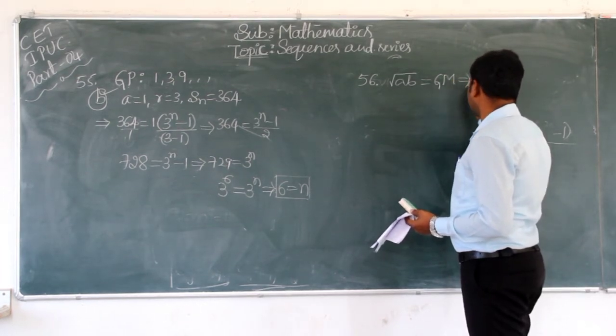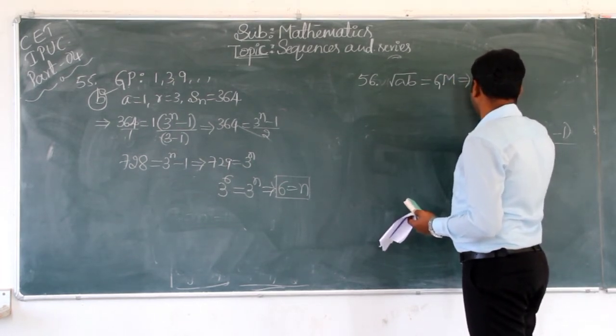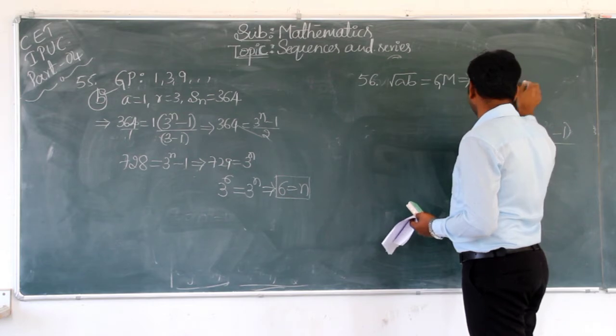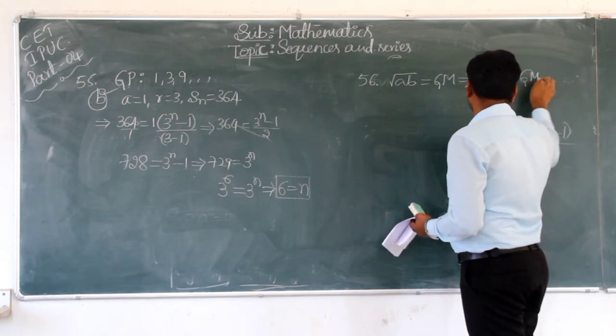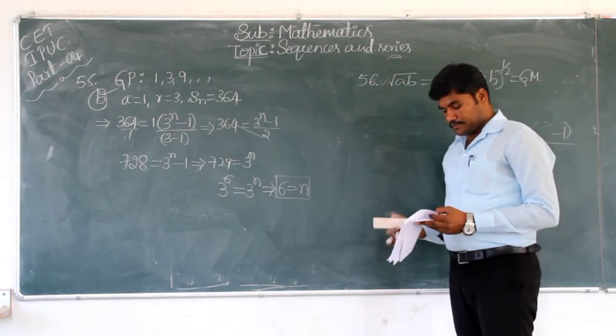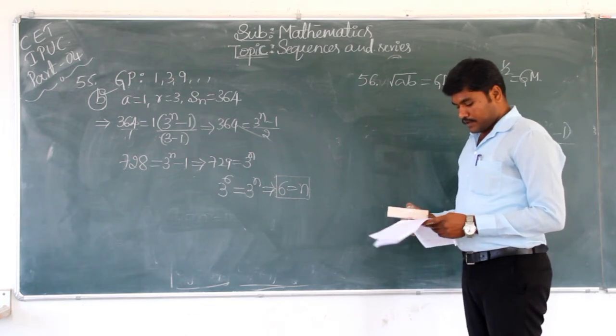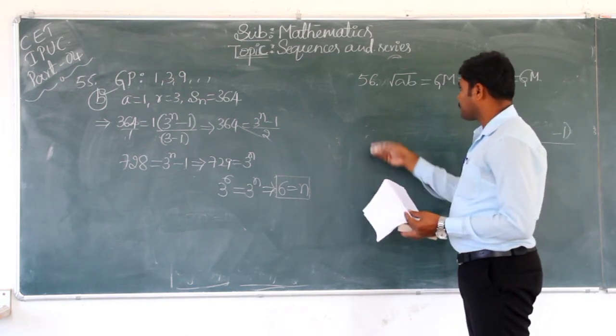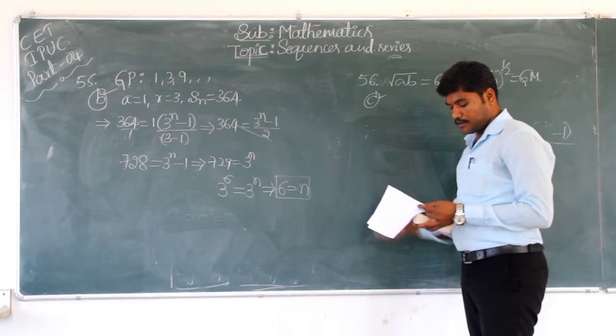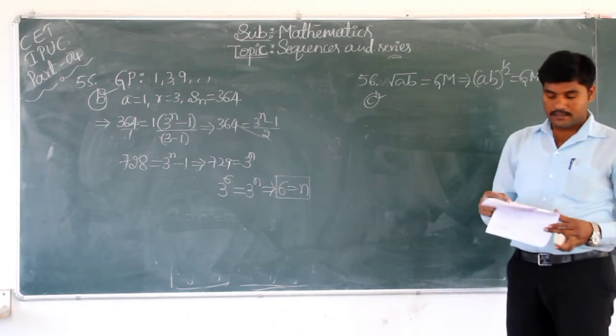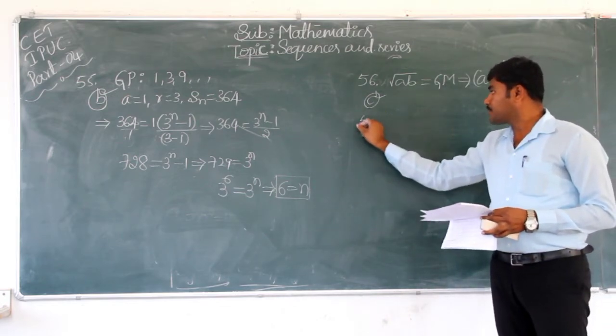Root AB can also be written as AB to the power of 1/2. That is equal to the geometric mean. So option C is the right answer. So next, question 57.